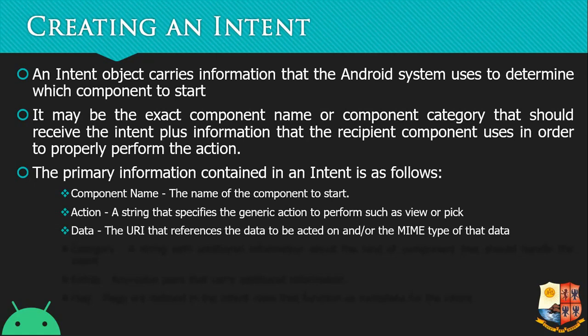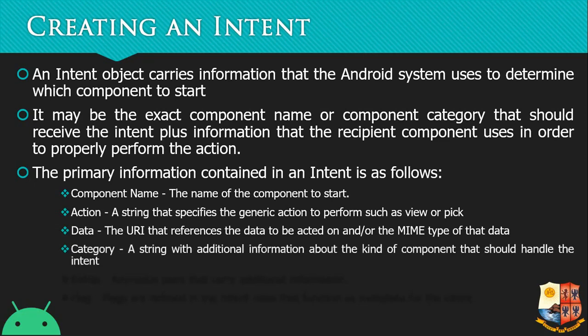Third one, data. The URI that references the data that can be acted on, or the MIME type. For example, if you are trying to open an image, I should show all the apps which will be able to open image slash PNG, image slash JPG. That's called a MIME type. We will talk about it a little bit more when it comes to drawer view. But anyway, remember this. Which one should I open? The URI.